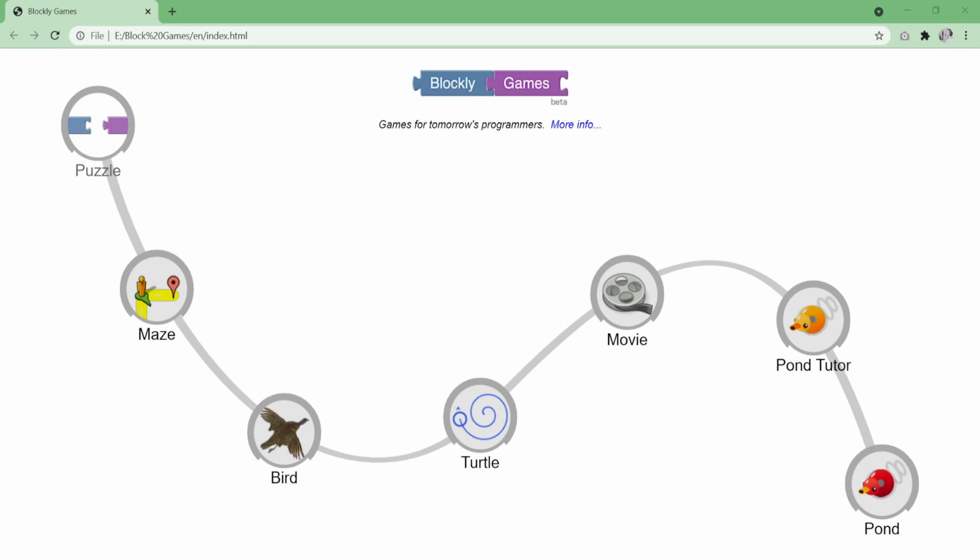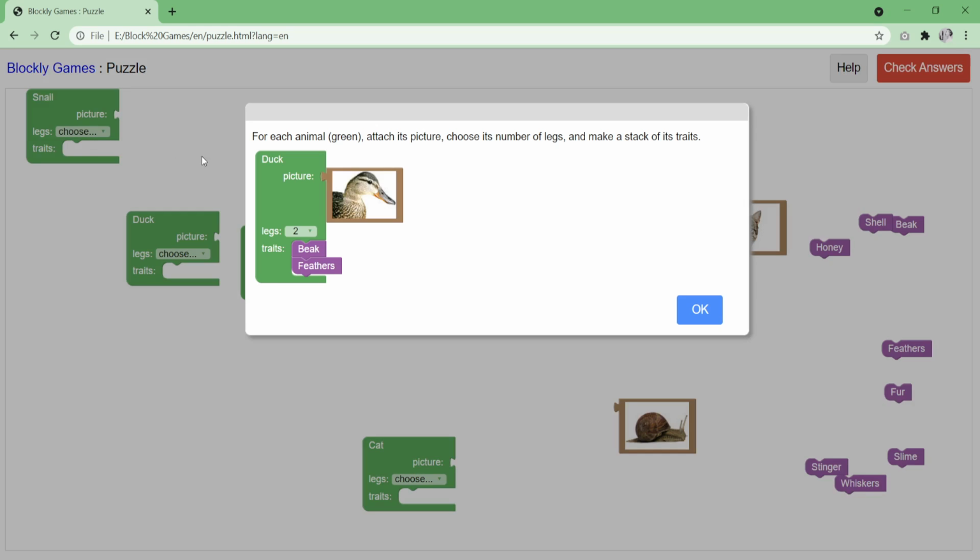So we have here puzzle, maze, bird, turtle, movie, pond, and tutor. When you click puzzle, for each animal, attach its picture, choose its number of legs, and make a stack of its traits.